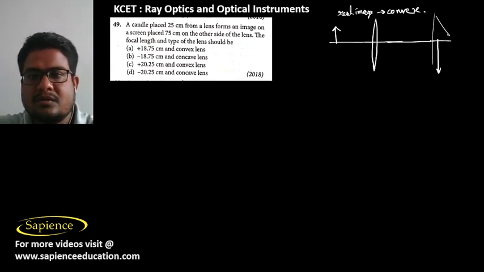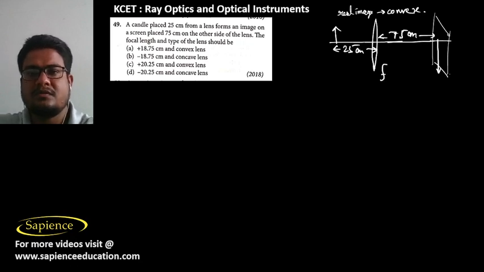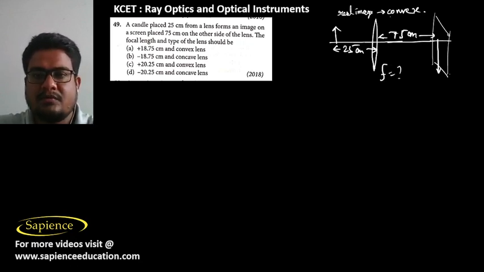Here the image is formed on the screen at a distance of 75 centimeters on the other side of the lens, and the object is at 25. We have to find the focal length of this lens. The type of lens is obviously convex. Therefore u is equal to minus 25 centimeters and v is equal to plus 75 centimeters.